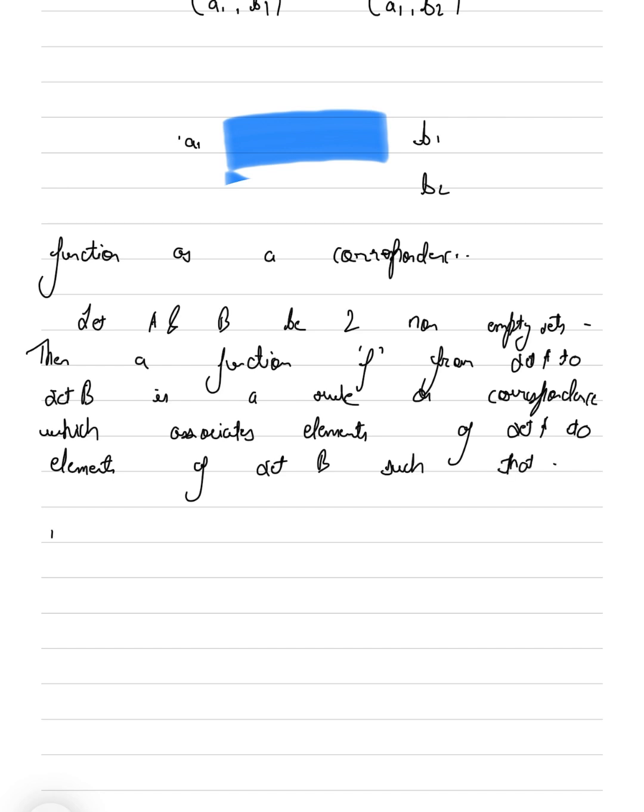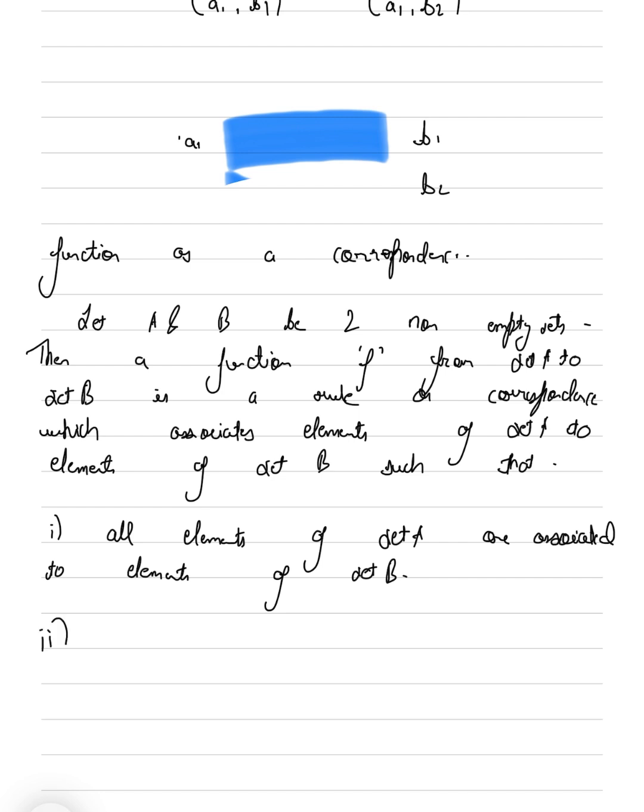okay, first, all elements of set A are associated to elements of set B, and second, this association must be what? Unique.